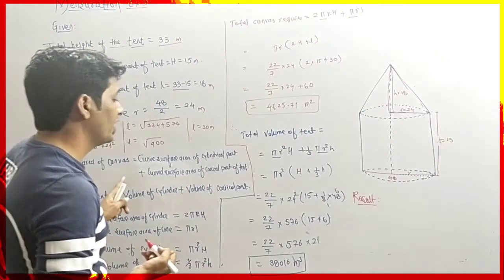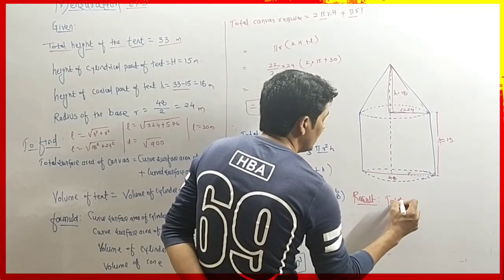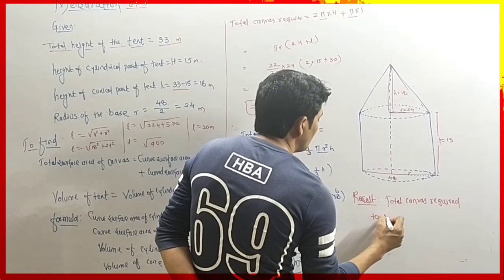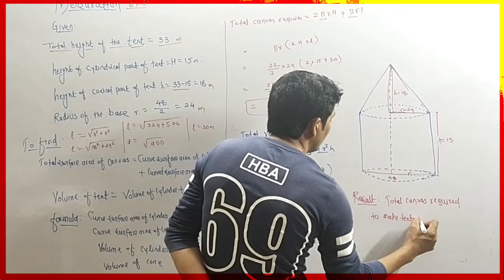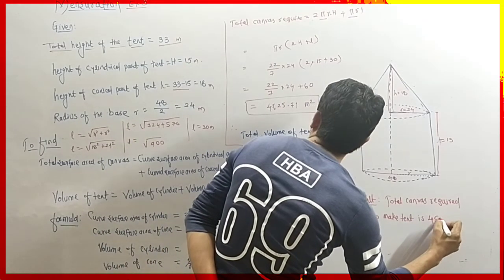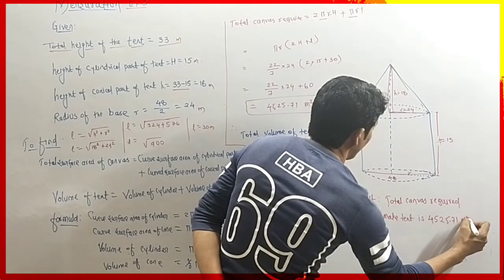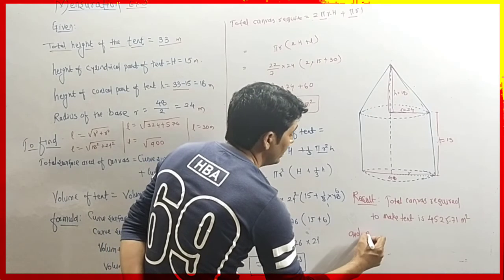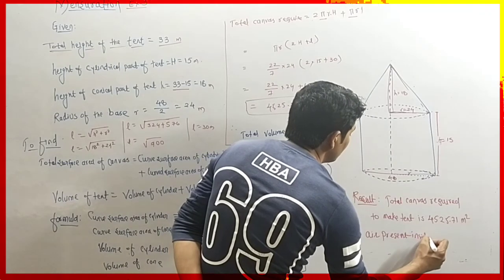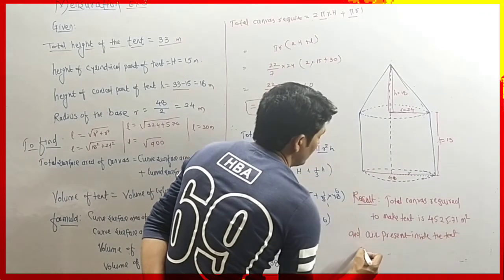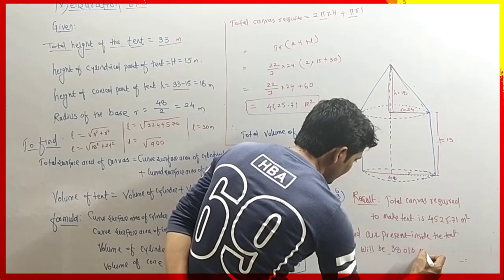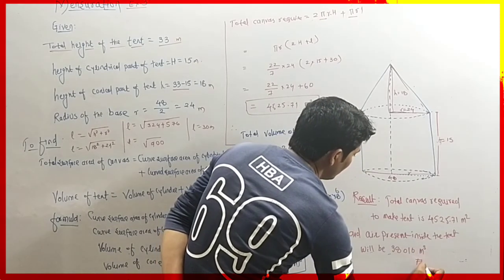The total canvas required to make the tent is 4,525.71 square meter, and the air present inside the tent will be 38016 cubic meter. Okay, so this is our answer.